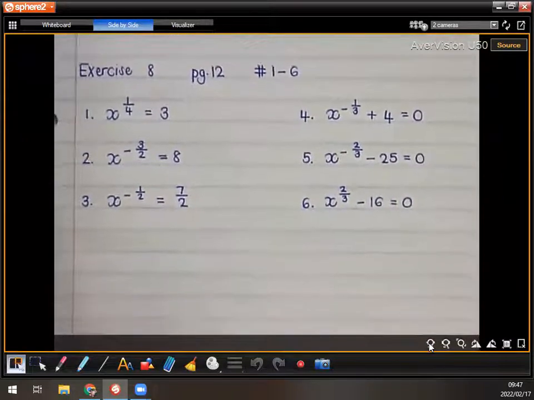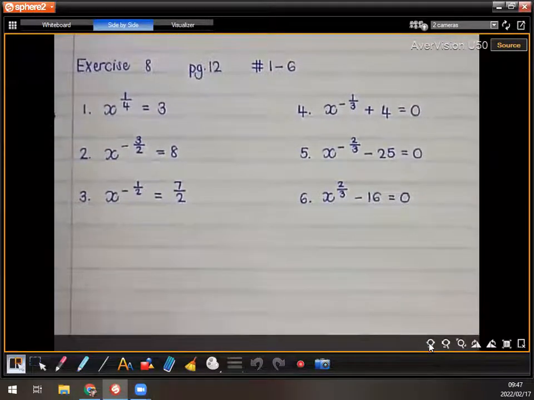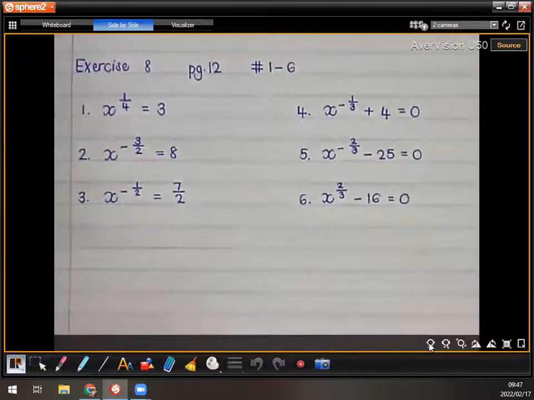Right, those are the questions, guys. Just ask me if you can't work out any of those exponents. And these things will be in your test, please, guys. So you have to practice them.